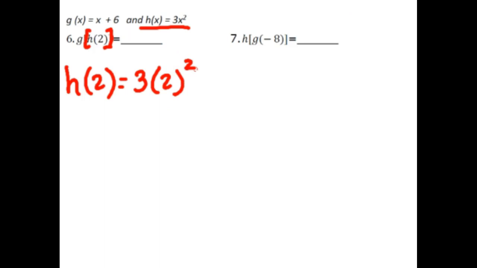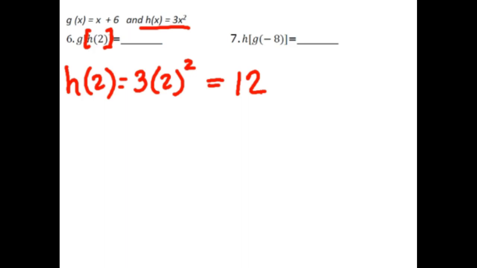Okay, so what is that equal to? Do you multiply 3 times 2 and then square it? Does it make any difference? Order of operations says you have to do the 2 squared first. What's 2 squared? And then 4 times 3 is 12.